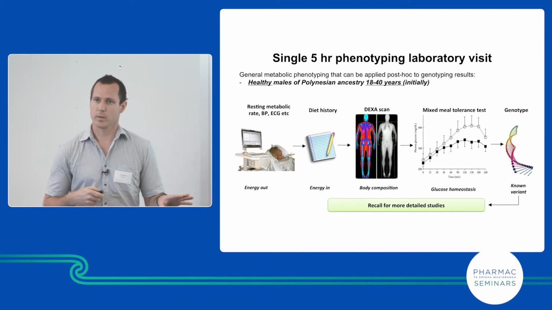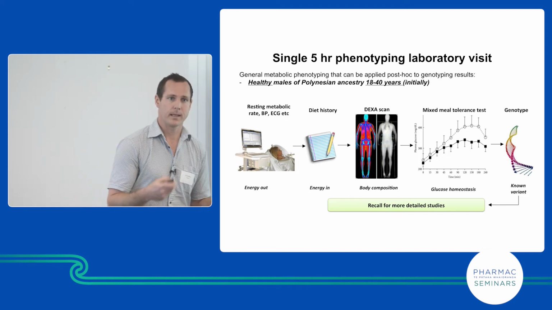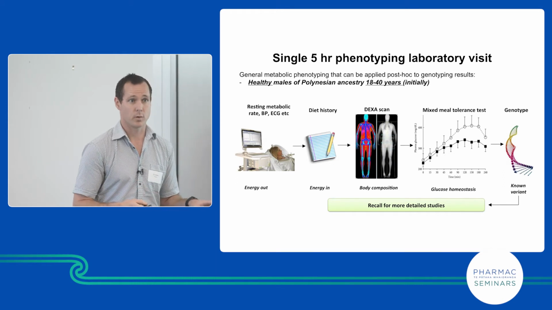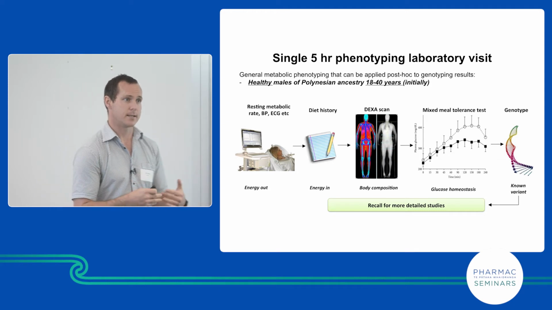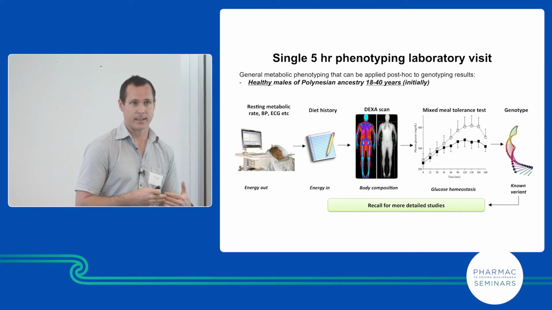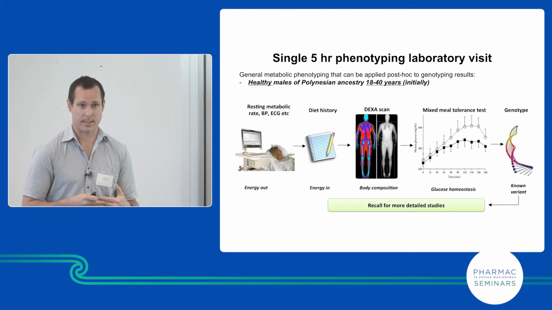So Ofa introduced this slide. The idea is we're recruiting healthy young men, soon to move on to also women of Polynesian and Pacific ancestry, before any disease develops, to understand risk factors that might lead to the development of disease later down the track.